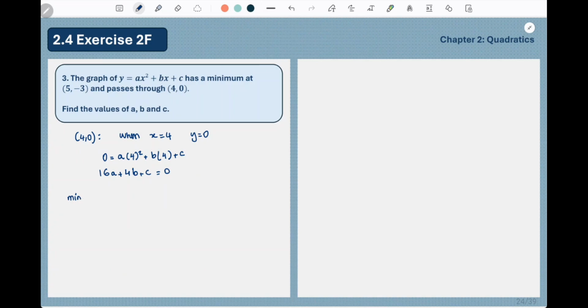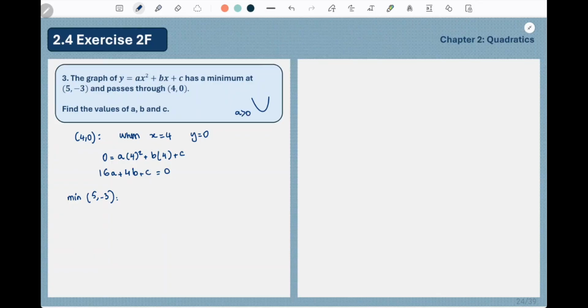and see what we can find out from it. So we know that the minimum point, which is a turning point in this case, is (5, -3). Because it's a minimum, if you followed the other session, we know a minimum exists when the parabola looks like this. So a has to be positive. So that's a tip.